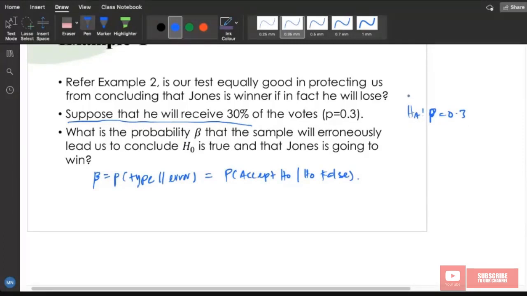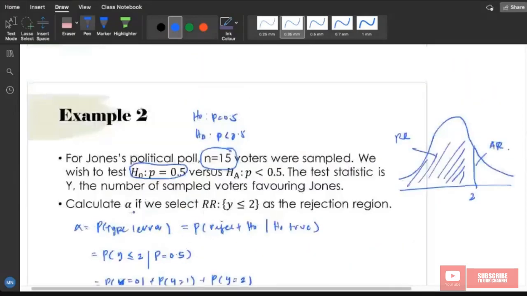And the null hypothesis should be 0.5 or any value. It is not given here, right? They only give us the alternative hypothesis, so we know that P is equal to 0.3. We also know this problem comes from a binomial problem based on example number 2, right? So the probability of beta is based on the rejection region from example number 2.